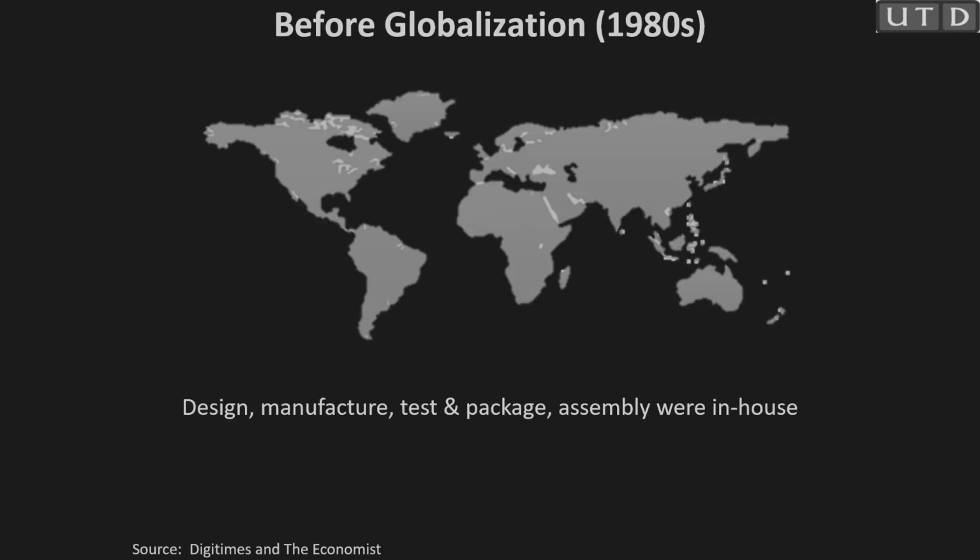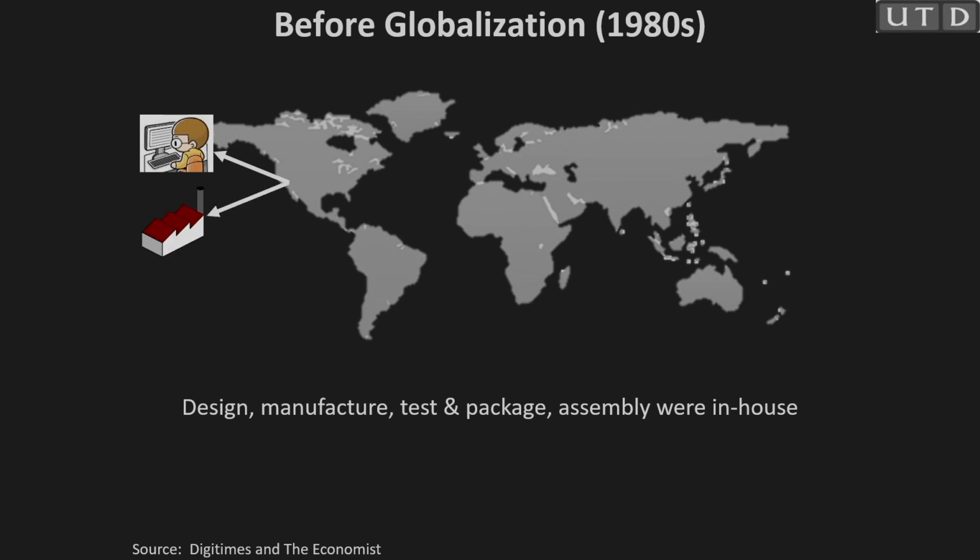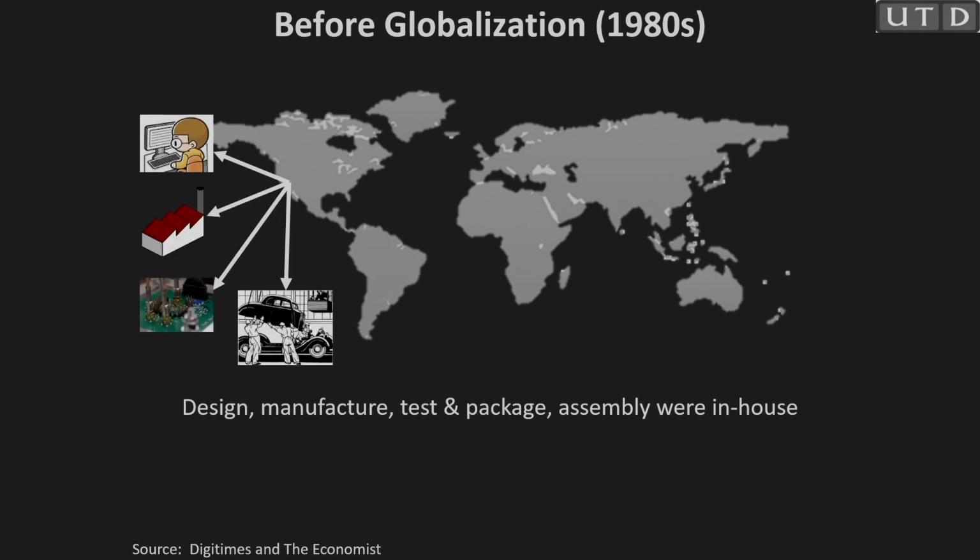Before globalization, the whole flow was inside a single company. A single company had all these facilities. It had a team to develop IPs, teams to develop the integrations, and all the software for logic synthesis and physical synthesis. When they had the layout, they also had the fabrication lab.